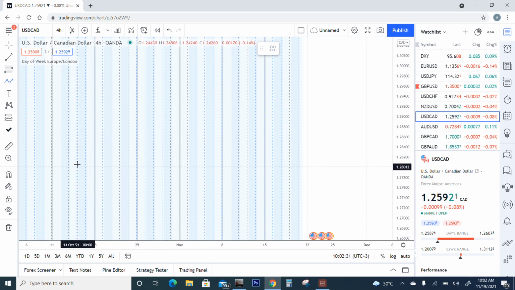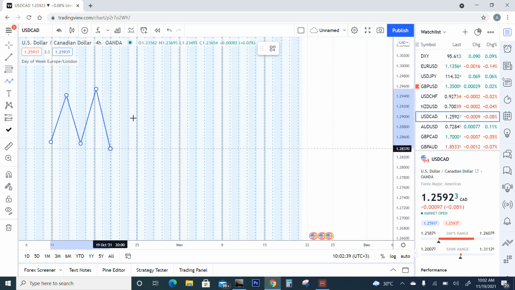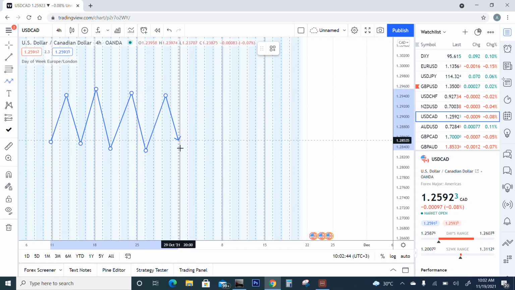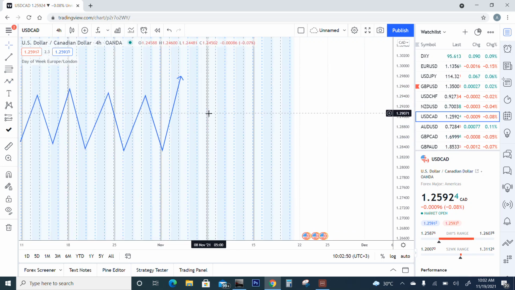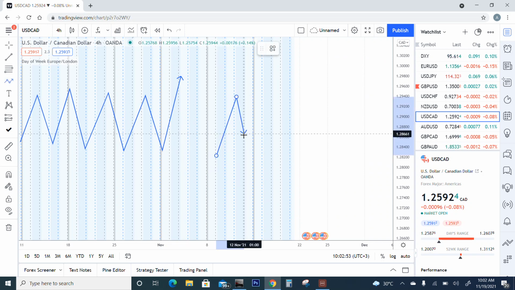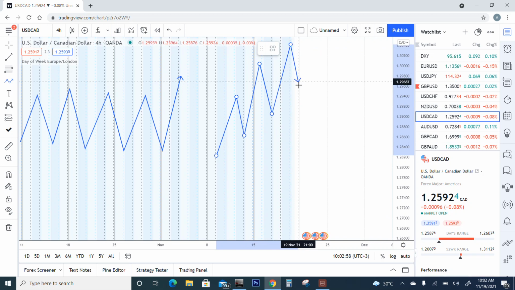When the market is moving sideways, it's making highs and lows in a similar manner, like this. That's what we see when the market is moving sideways, not actually making clear lows or highs. And when the market is moving up, it's making clear highs as it goes.